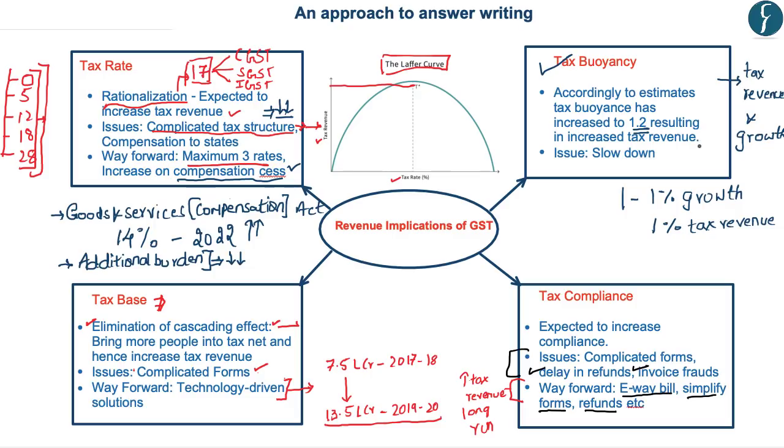Now, in the aftermath of GST, this tax buoyancy is said to have increased to 1.2 and is thus expected to result in higher tax revenue to the government. However, given the slowdown in the economy in general, this tax buoyancy has not translated into higher tax revenues for the government. Therefore, this higher tax buoyancy is expected to yield higher tax revenues as and when higher economic growth is restored.